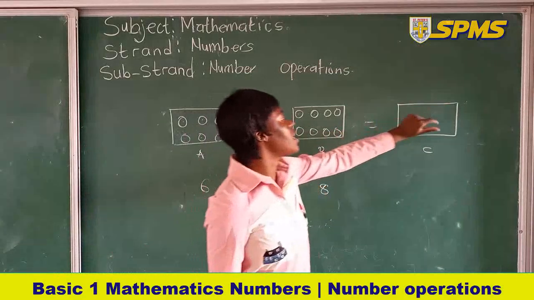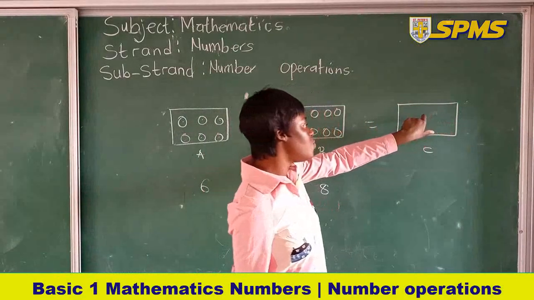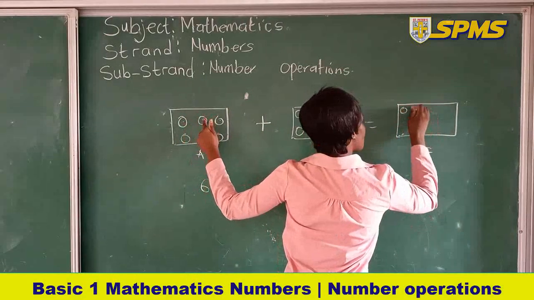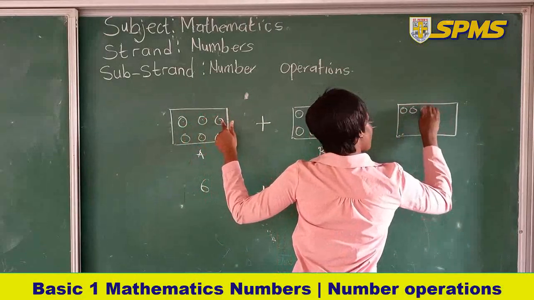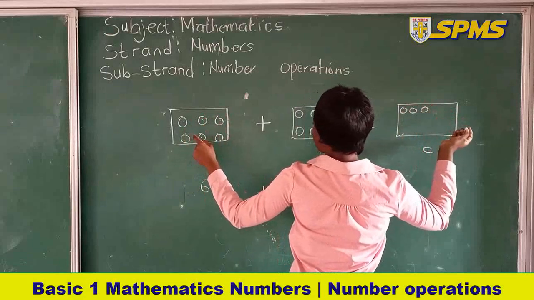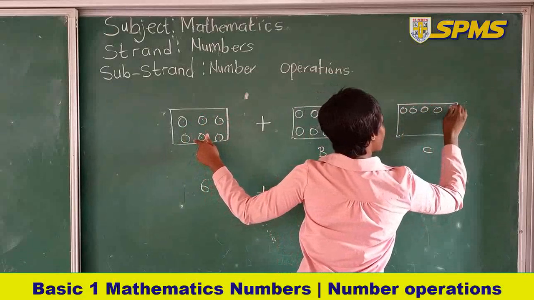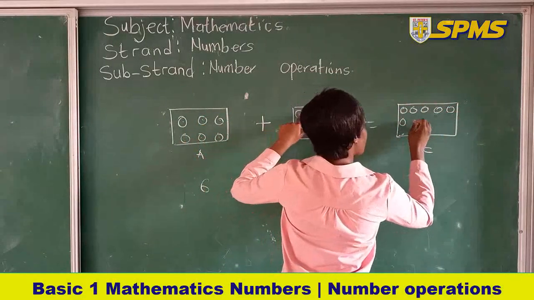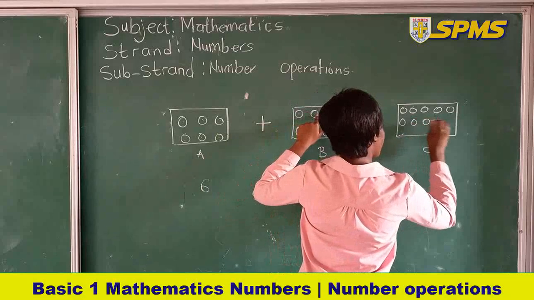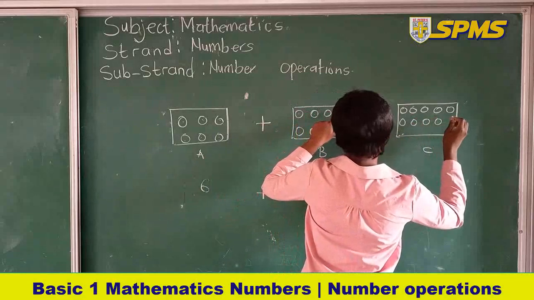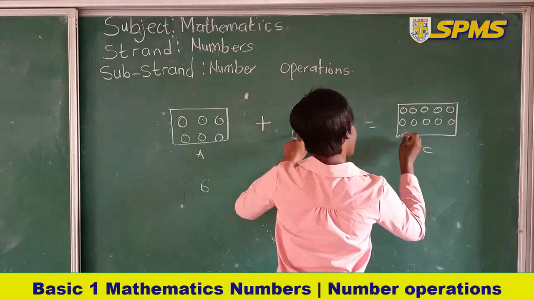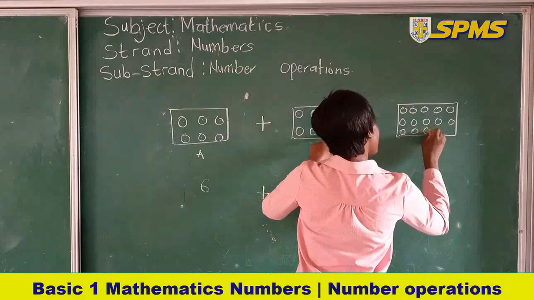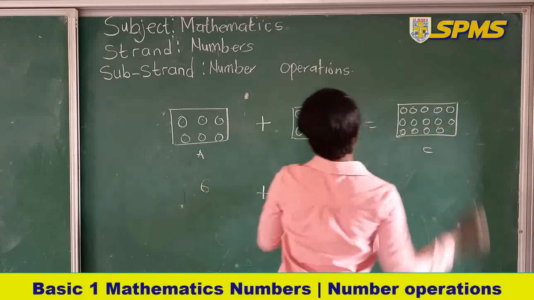We are going to put it in this box, which is C. So 1, 2, 3, 4, 5, 6, 7, 8, 9, 10, 11, 12, 13, 14.